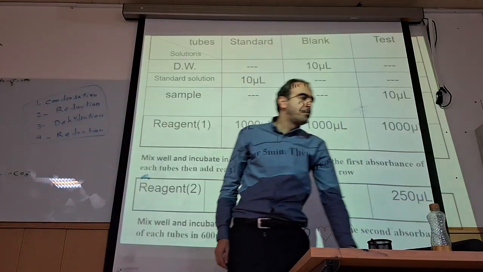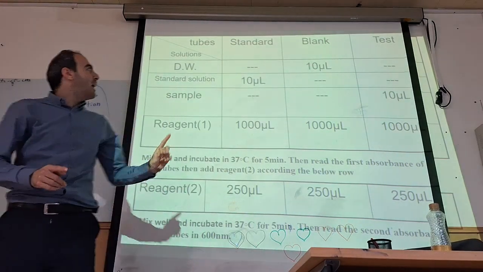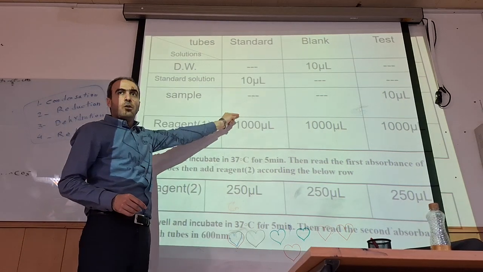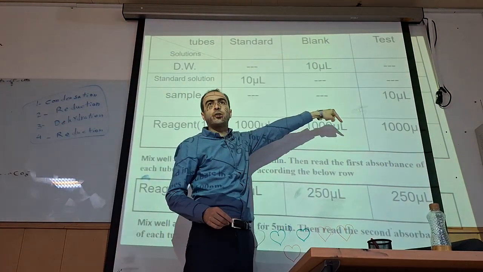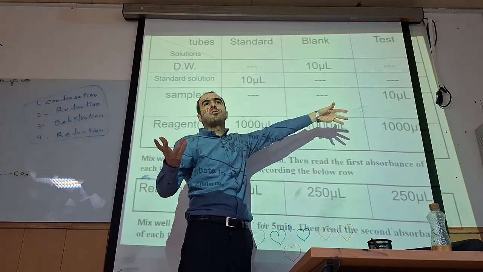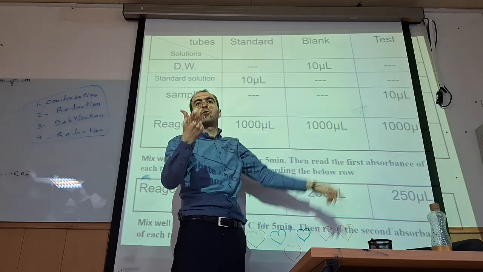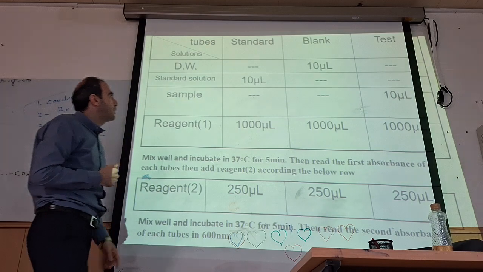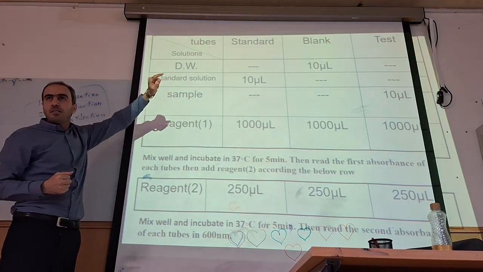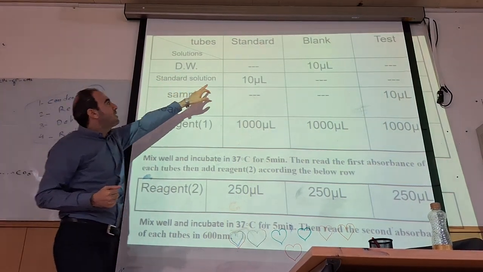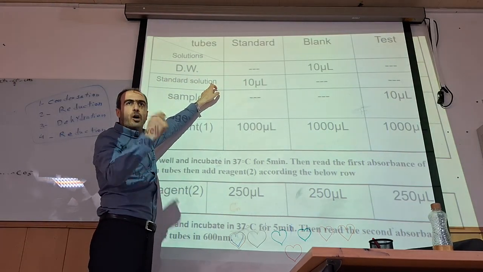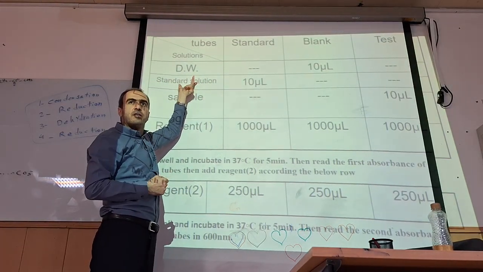What you should do is have three tubes: one for standard, one for blank, one for test, or unknown sample, or your serum. They will give you a serum. Then what are you going to do? In the standard tube, you will add the standard solution. We will know the concentration of the standard solution.